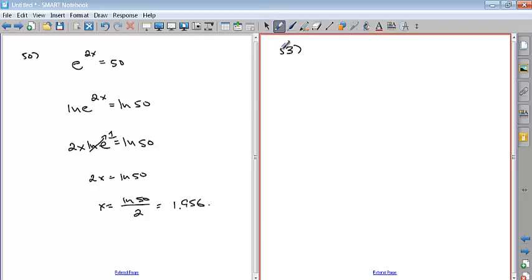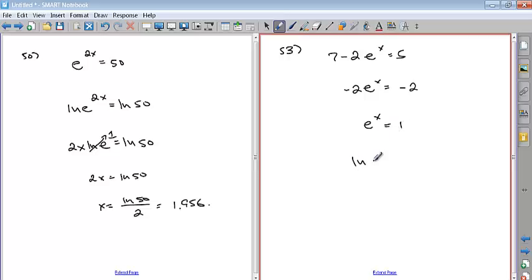Problem 53: 7 minus 2e to the x equals 5. We'll subtract 7 from both sides, so 5 minus 7 is negative 2. Divide by negative 2, so you get e to the x equals 1.